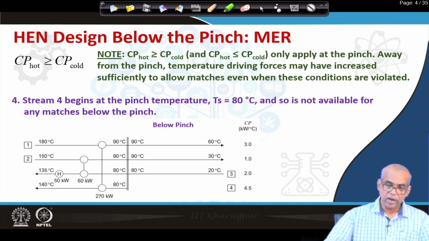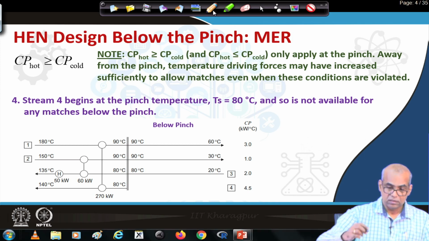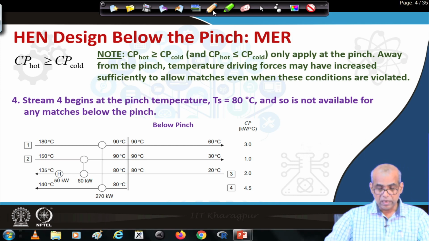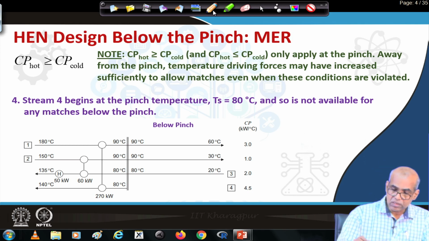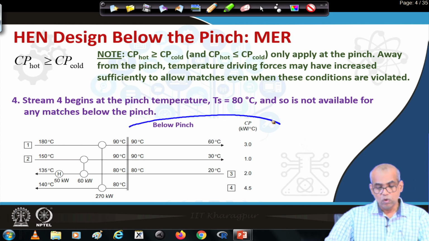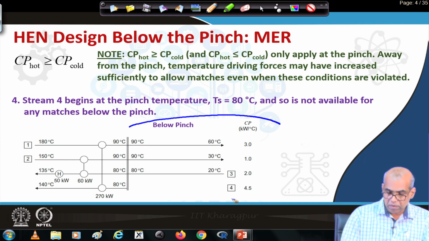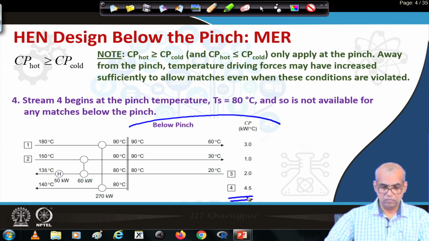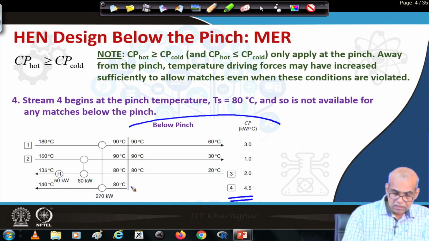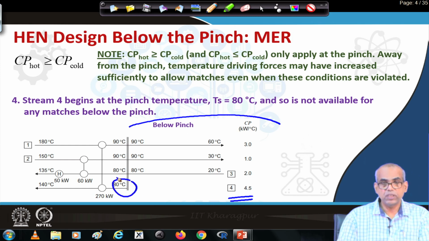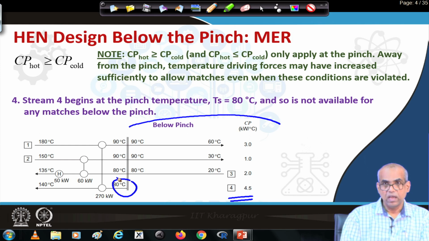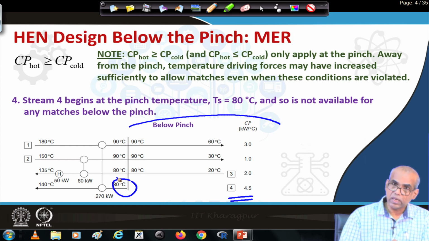Now, let us look at the grid indicating the network. This is the region below the pinch. We see that stream number 4 begins at the pinch temperature of 80 degrees Celsius and it is not available for any stream matching in the region below the pinch.